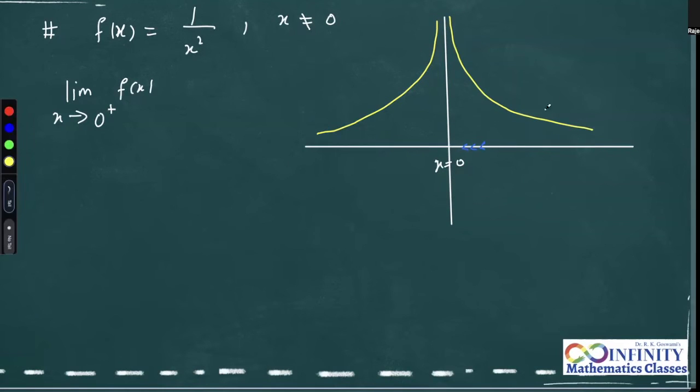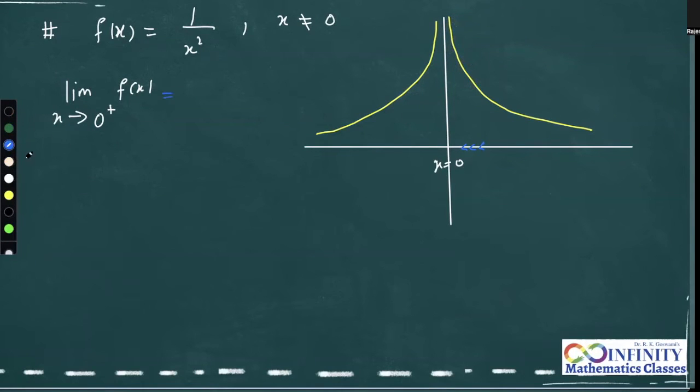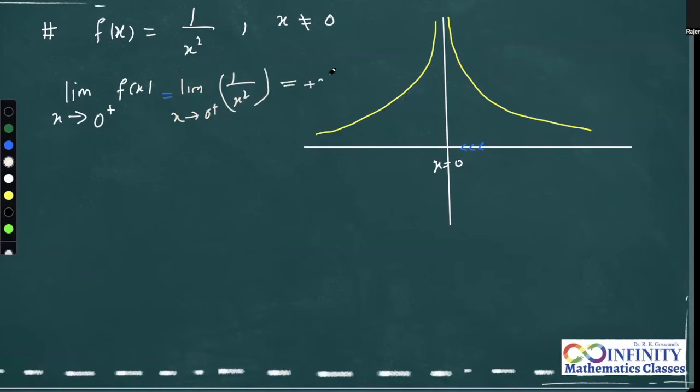When you approach towards the right, the function value keeps increasing. Am I right? It will go up to infinity because it is going higher and higher. So in terms of limit, this is going to be limit x tends to 0 plus of 1 over x square, and this is going to be plus infinity.